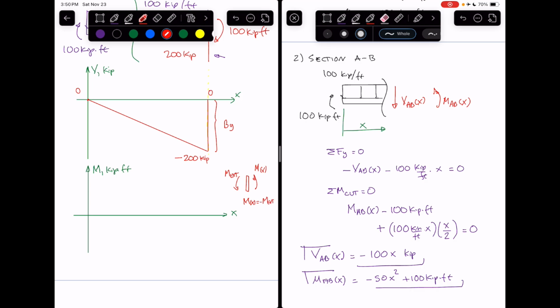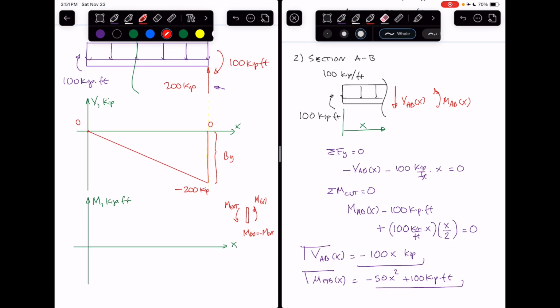That means when I have a negative couple acting at A, it would result in a positive jump from 0 to 100 kip foot at that location.